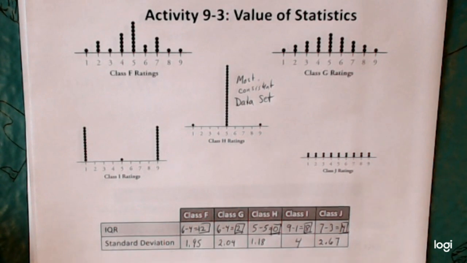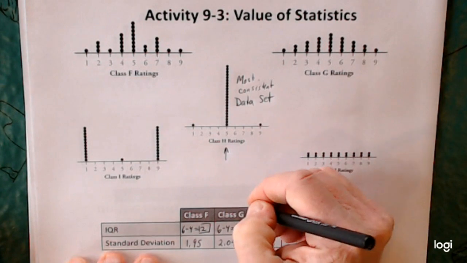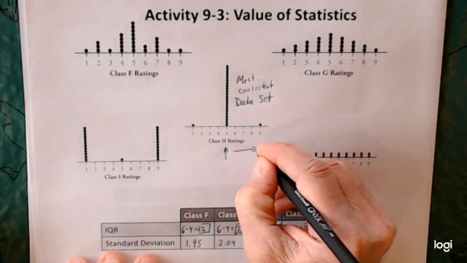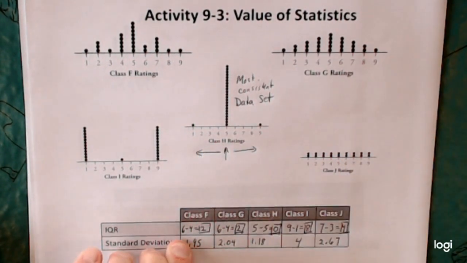That's maybe not surprising. Most of the values are the same. Most students scored a 5 on the quiz, and we know the mean is 5. And remember, the standard deviation sort of measures how far the values are away from the mean, and most of the values have no deviation from the mean, so that tells us why our standard deviation is small.